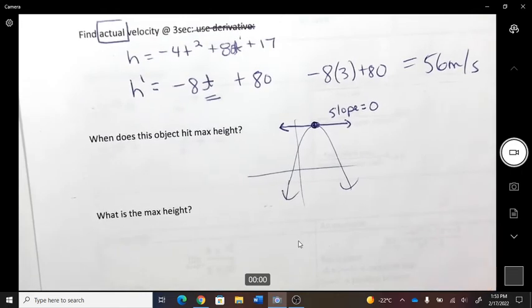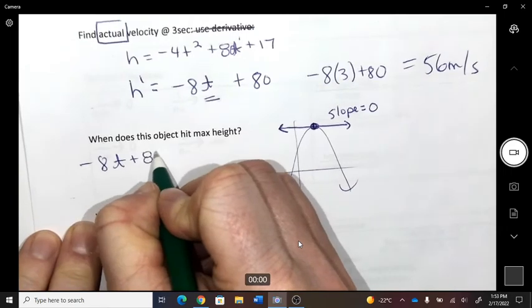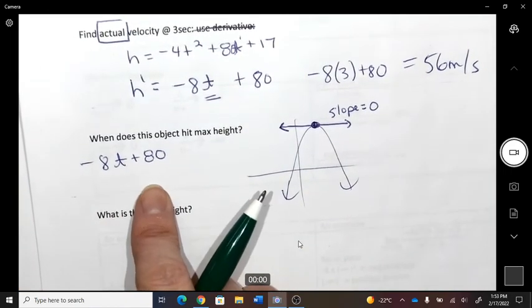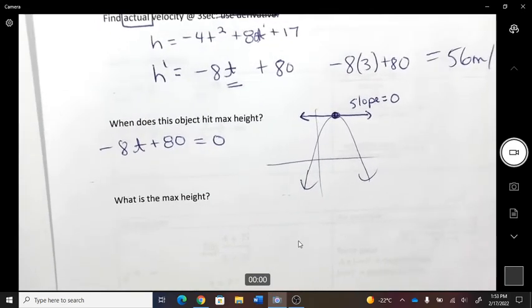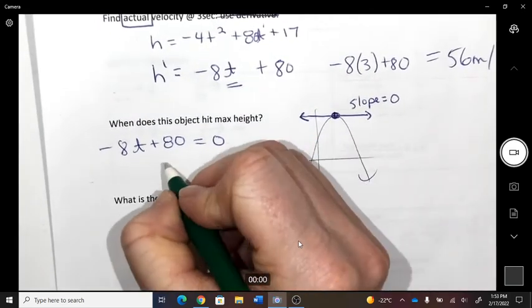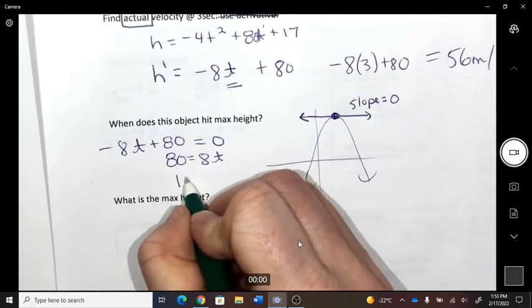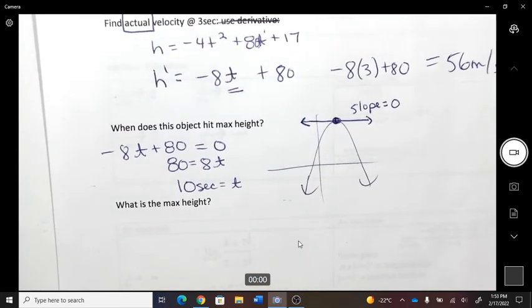So this is the tangent line equation, right? The derived equation is the tangent line equation. It's the slope equation. When is the slope 0? Okay, so I'm just going to add AT. So when it's 10 seconds, we're at a max height.